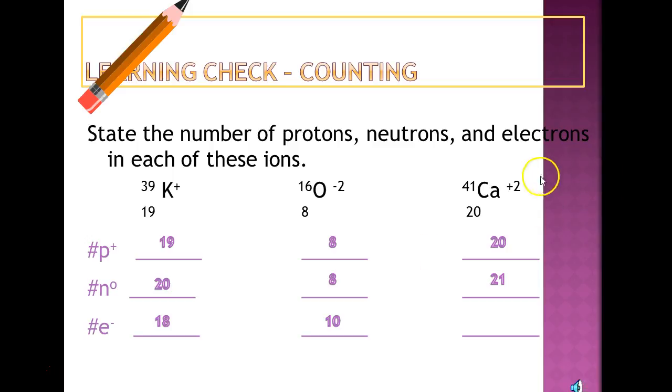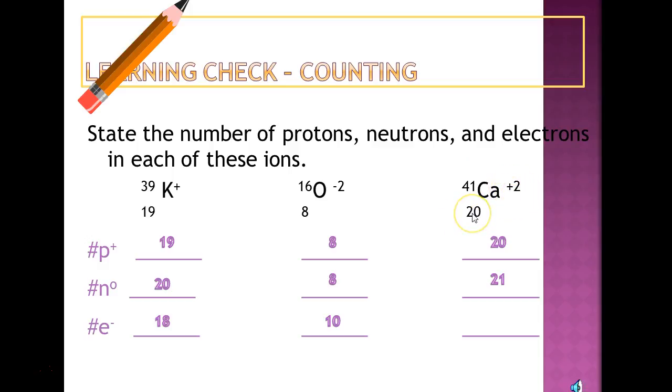Okay, so calcium as an atom would have 20 protons, 20 electrons. But here we see the symbol +2. So +2, it's more positive. So did we gain electrons or lose electrons? Keeping in mind that electrons are negatively charged, if we are positively charged, that means that you lost negative electrons. The +2 indicates that we lost 2 electrons, so we have 2 more protons than electrons, and that's why we have a +2 overall charge.